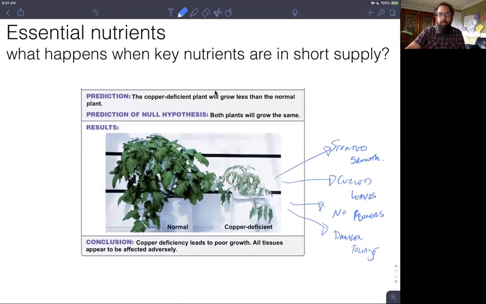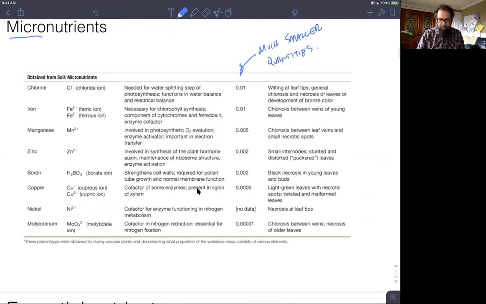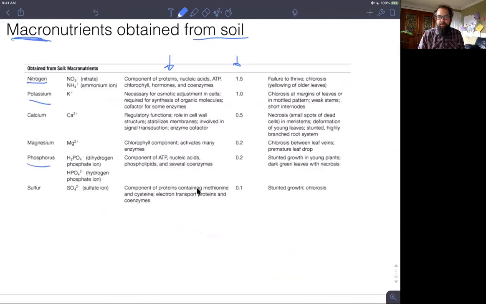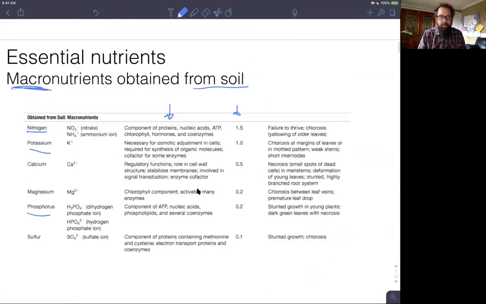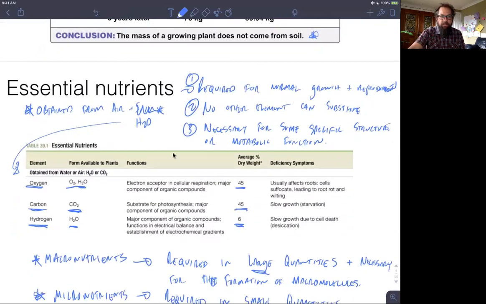And so I'm just going to scroll back up to this table here and let you know that, for both our macronutrients and our micronutrients, I'm not interested in you memorizing all of the functions of each of these macro and micronutrients, or the amounts that they're in, or the deficiencies.